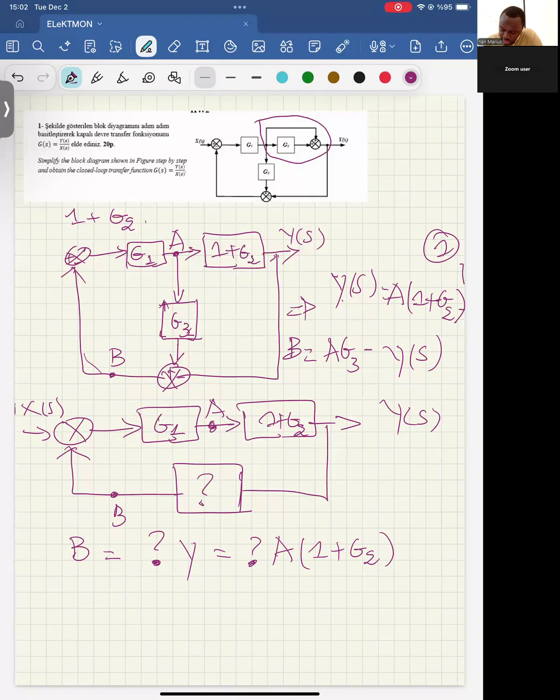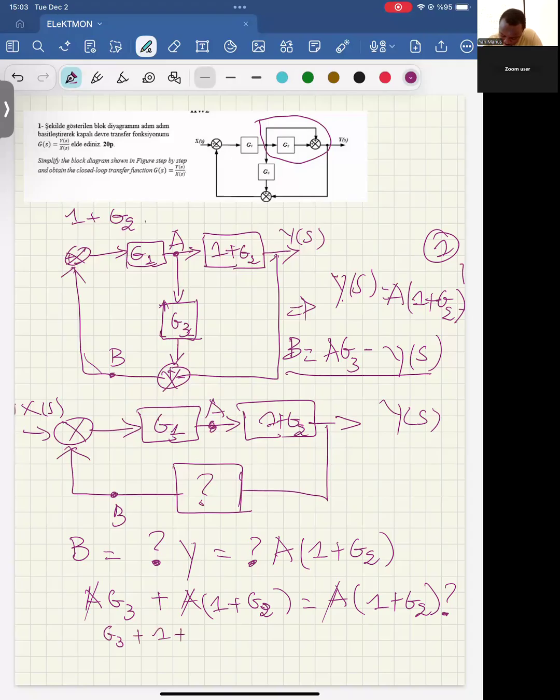At the same time, we have the value of B, we will replace it here, and we can replace Y directly by this value A plus G2. So we can apply here, and what remains is G3 plus A plus G2.